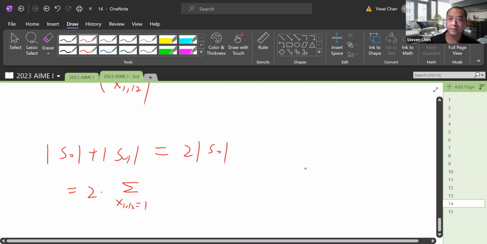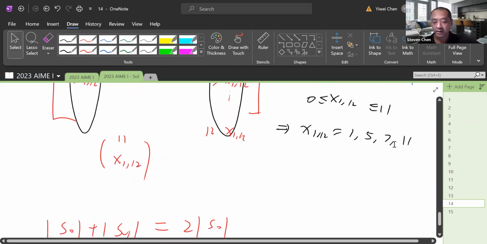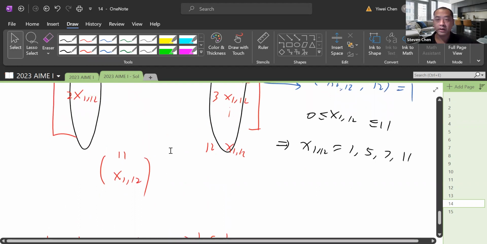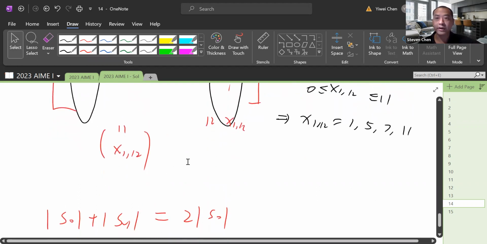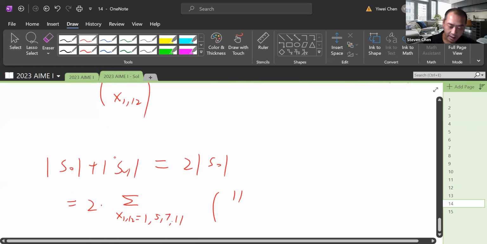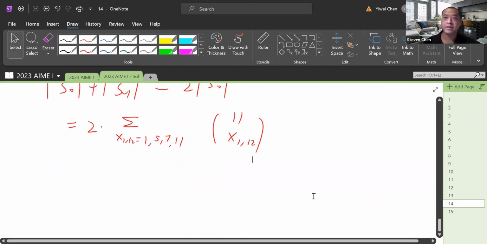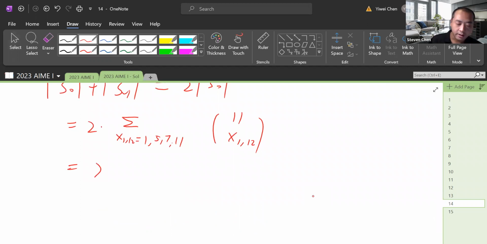It takes the value 1, 5, 7, 11. For each such number, we count the number of arrangements of the column synchronized movements, which is given by 11 choose x sub 1,12. So we just compute this sum, and let's see what we get.